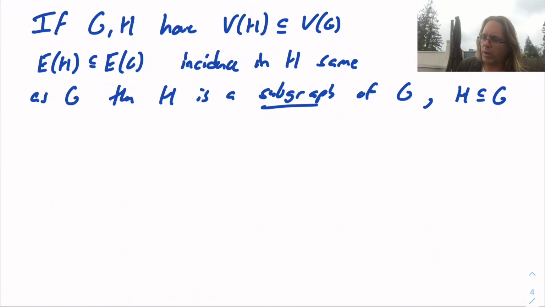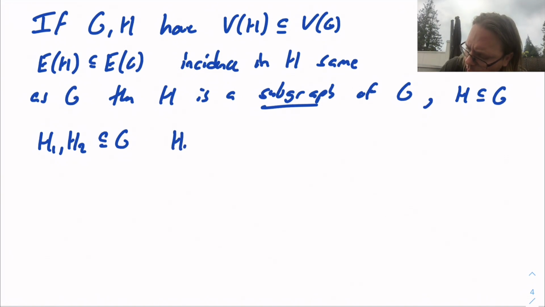We will use some more set theoretic notation in this setting. If H1 and H2 are subgraphs of G, there's a natural subgraph that we can form from the intersection.